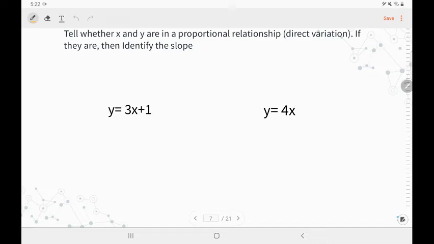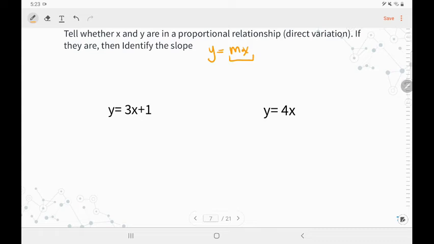Tell whether, so now we're going to be looking at equations and deciding if they're proportional. So looking at these two equations, determine if there is direct variation or proportional, and identify the slope. So with equations, the simplest way is to make sure that the equation looks like the constant of proportionality. Remember that that equation looks like y equals mx. Notice I just have y equals and then a number being multiplied to x and nothing else.